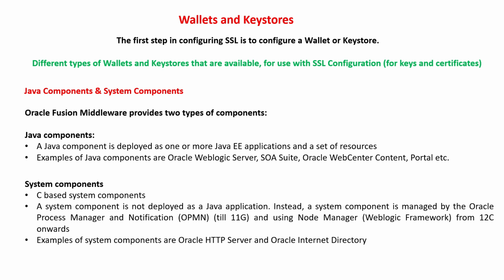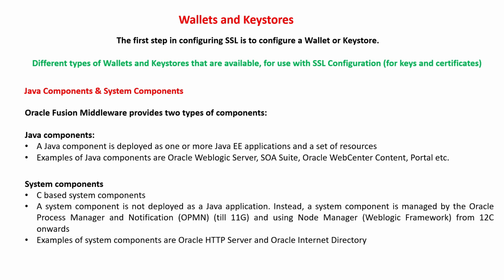When we talk about OID, which is a component of Oracle identity management, it is a system component, not a Java component. So what we can do is build an interface that we can use to manage our system component, for example, OID.